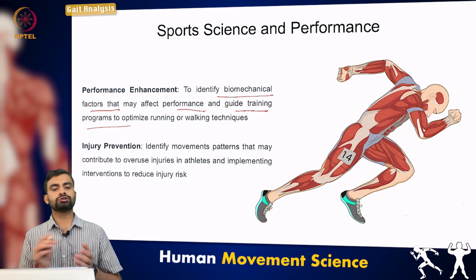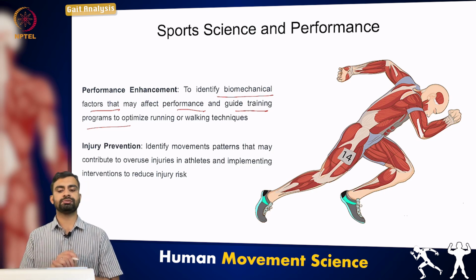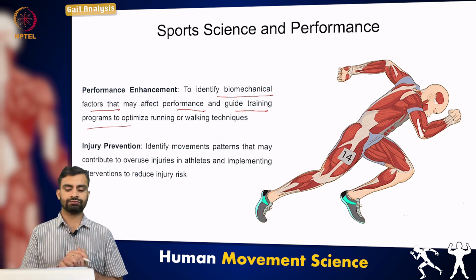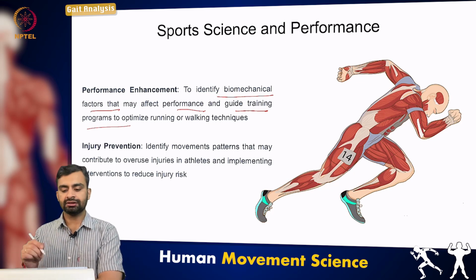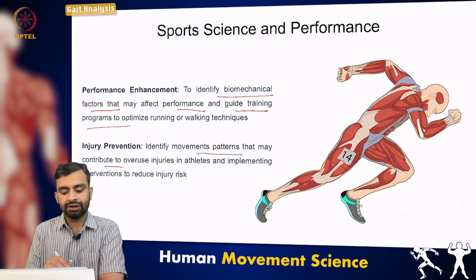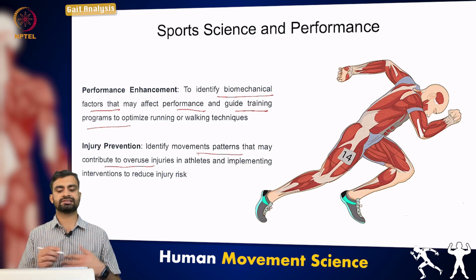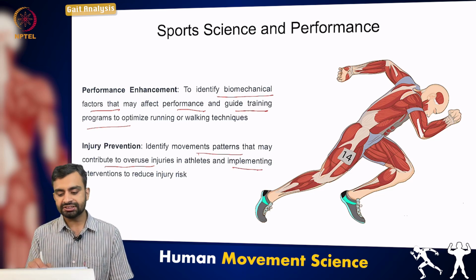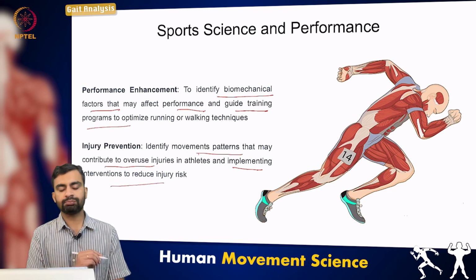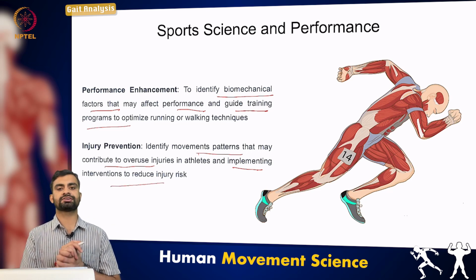Gait analysis also plays an important role in injury prevention, specifically in sports science. It helps in identifying the movement patterns that may contribute to overuse injuries, and in identifying interventions which will help athletes to reduce the risk of injury.